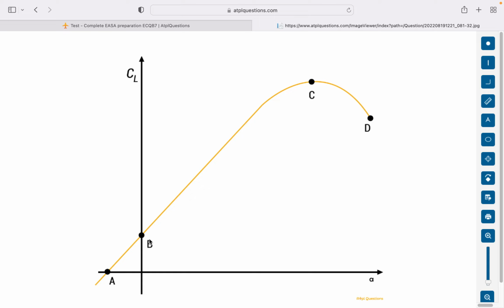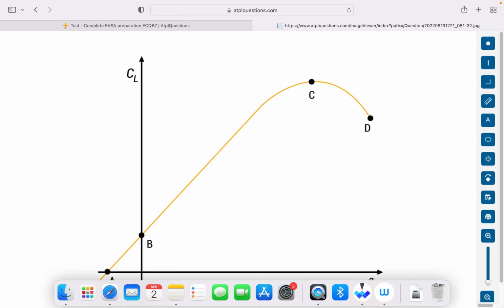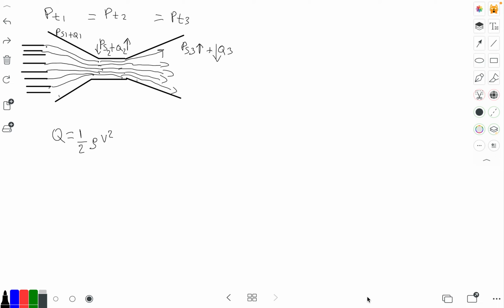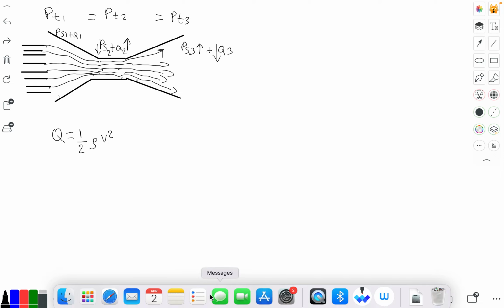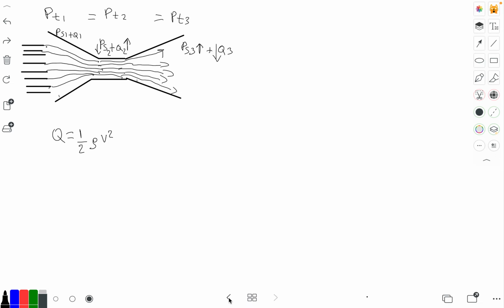As you can see here, we are increasing our coefficient of lift and angle of attack, but we want to remain in straight and level flight. So, of course, I'm going to keep the Venturi tube.